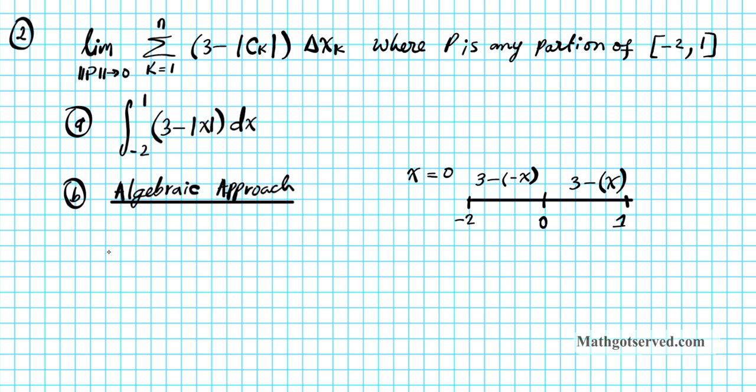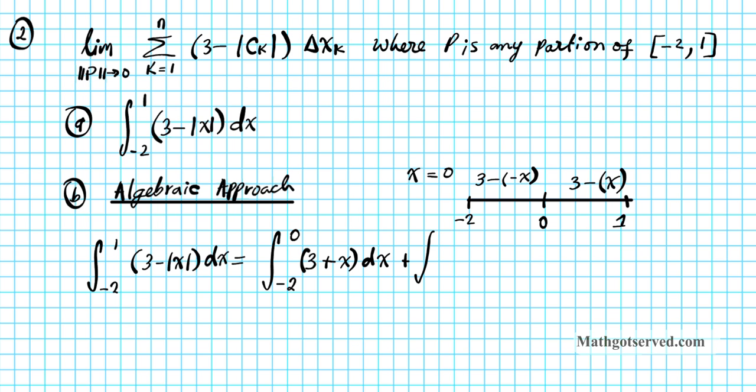Okay, so before we integrate, using our formulas, we'll have the integral from negative 2 to 1 of 3 minus the absolute value of x dx becomes the integral from -2 to where the sign change happens, which is 0. In that area, this absolute value quantity has a negative sign, so this changes to 3 plus x dx.